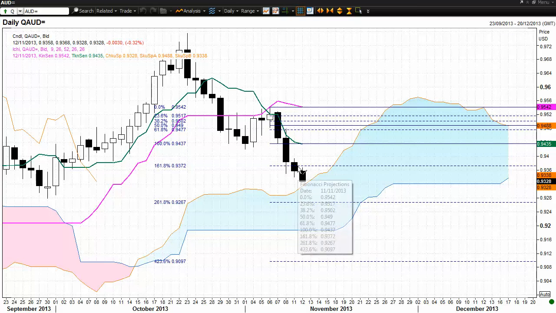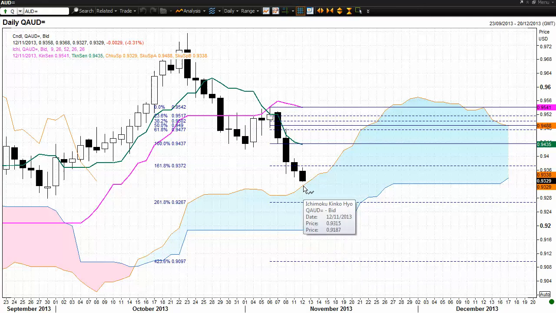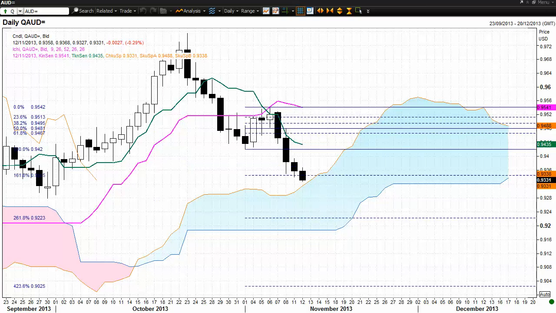And then as we attempted to trade through the 161.8% level, we had this indecisive spinning top type candle, but the market did manage to close down below there. This suggests that there is potential for the market to trade down to the 261.8%, which is trading at 92.67. But we do have the top of the cloud before the market reaches that level, so it's unlikely that we will see the market test down to that 261.8% level.